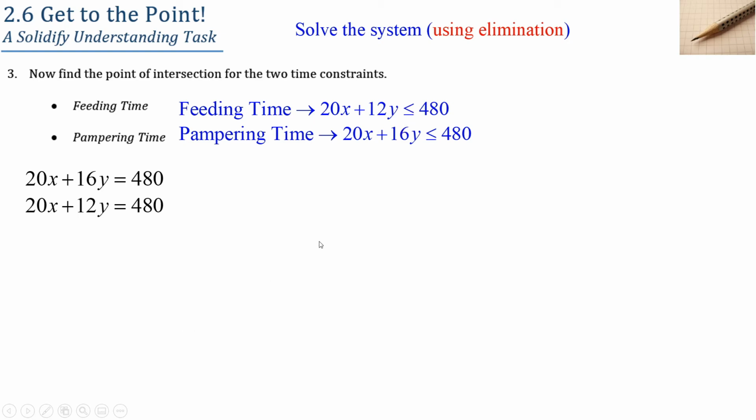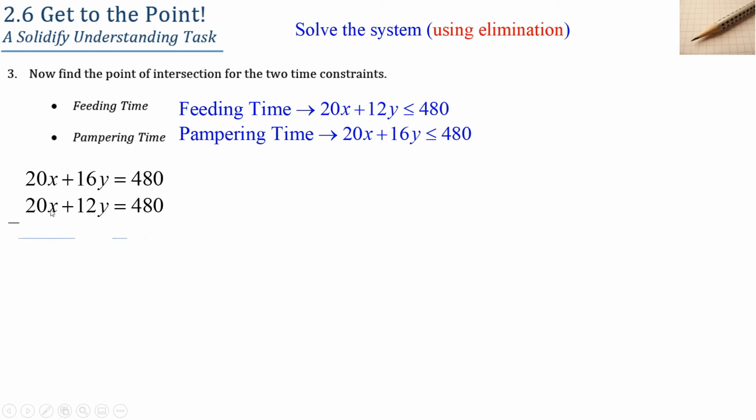All right. Now here's how elimination looks. You set up your 2 equations, and we typically like to use elimination when our equations are in standard form. Ax plus by equals c. Now, if I subtracted these 2 equations from one another, do you guys see the 20x's over the 20x's?